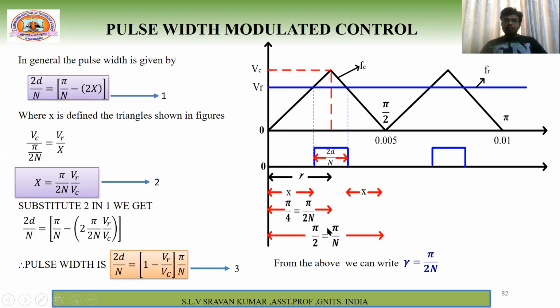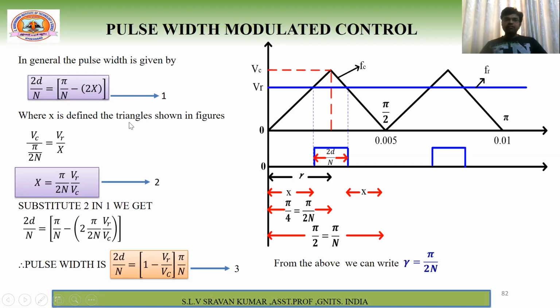Pi by n minus the non-conducting period. This is x, this is x, so it is pi by n minus 2x. Clear? Here the conducting period is only this one, that is the pulse width. The non-conducting period is this x as well as this. Therefore, I have written total pi by n minus the non-conducting period.